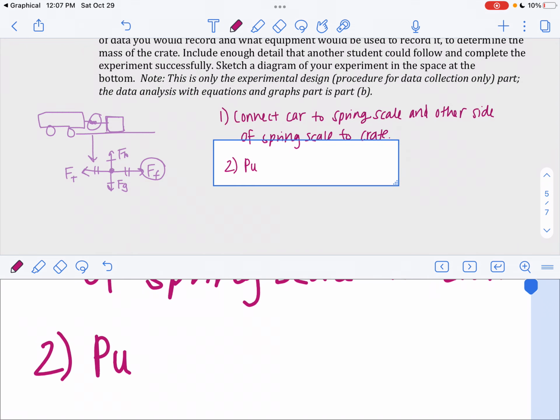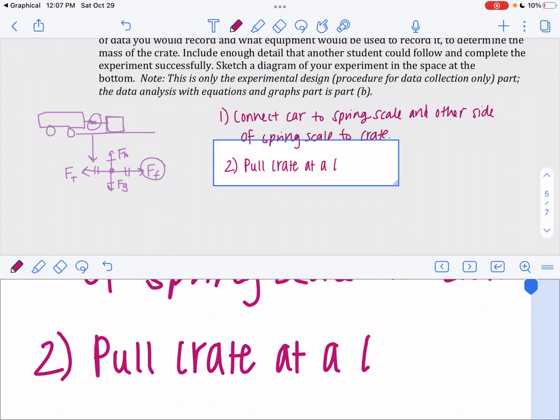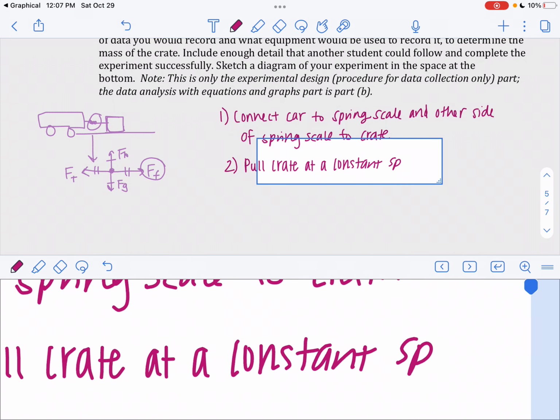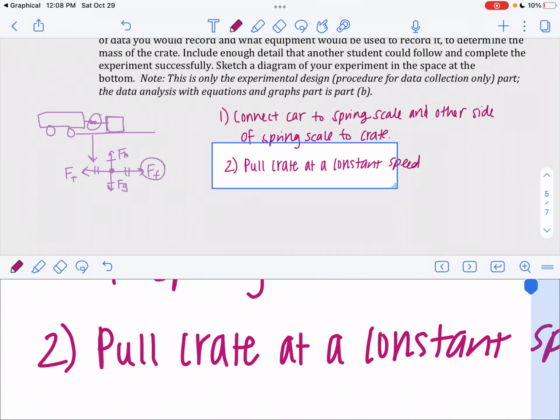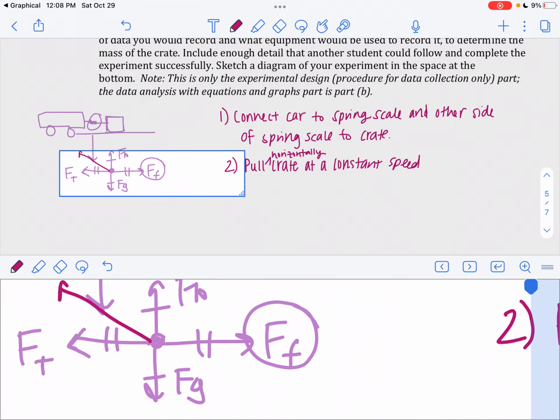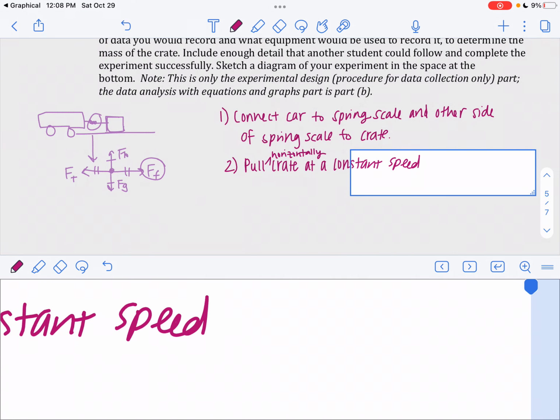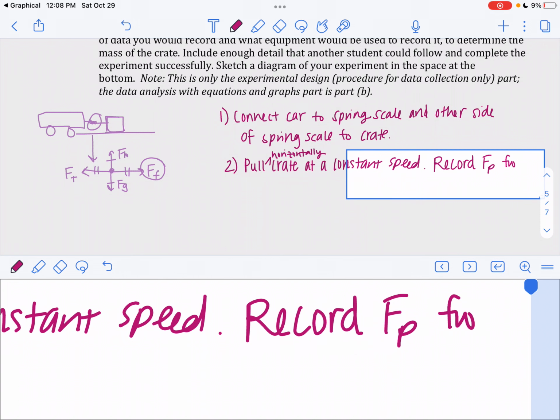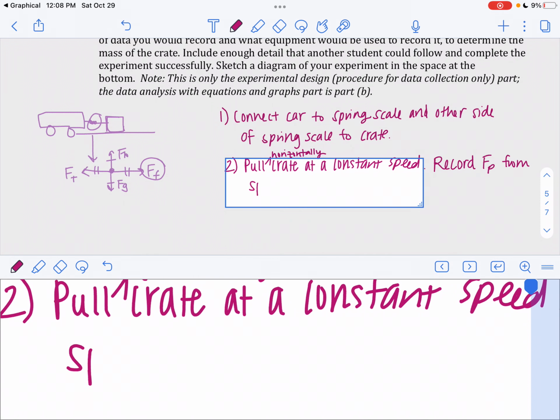Then I'm going to pull the crate at a constant speed. And it'll be important that I'm pulling horizontally so that the force that I'm measuring actually is equal to the force of friction. So it actually looks like this FBD. It doesn't look like this. And then I'll want to record that F pull from the spring scale.